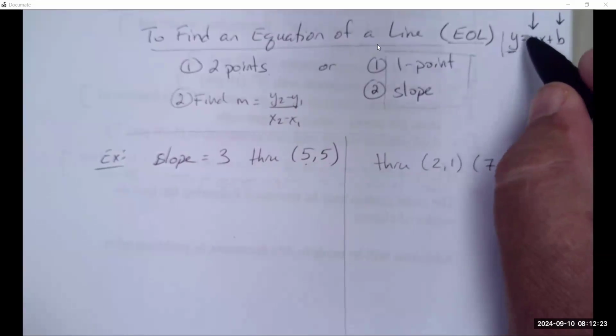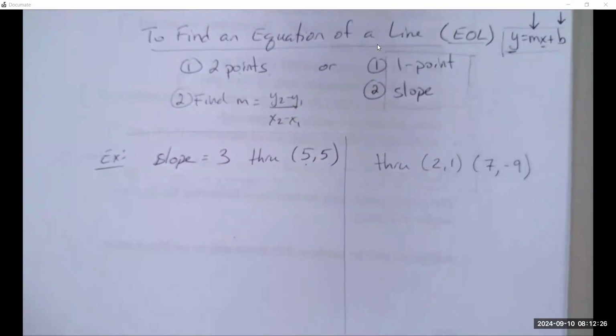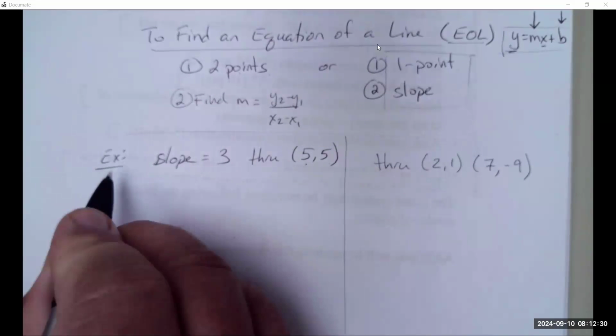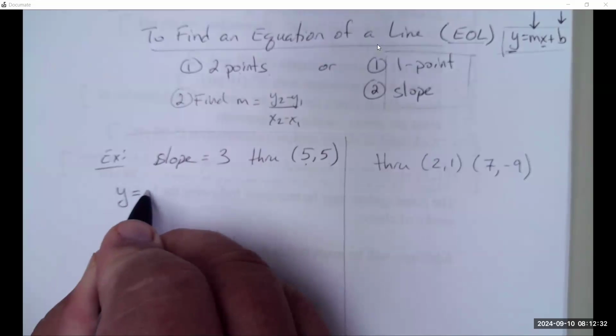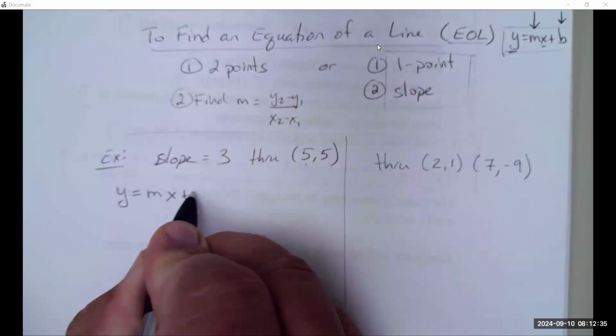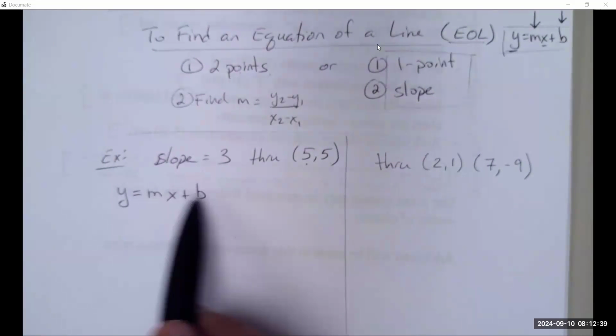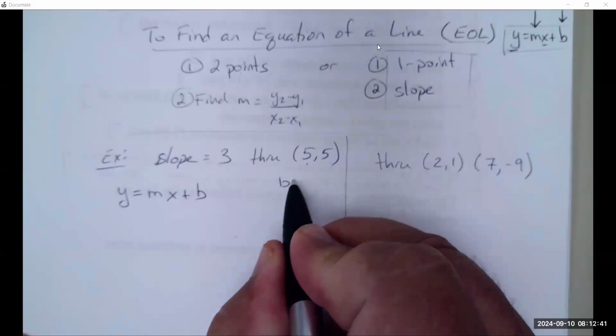And we'll use this to find our equation of line. Since we have our slope, we have a point. Plug them in. What's the only thing we're missing in this first one? We're missing the b.